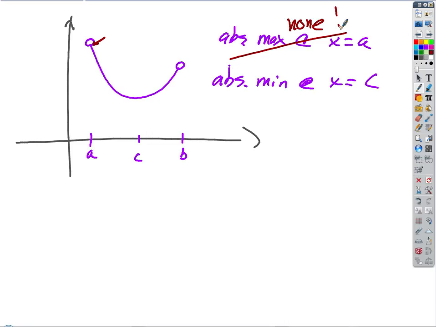Well, would there be an absolute minimum in this case? Yeah, it's still at the bottom, isn't it? Now, how could I change it so there wouldn't be an absolute minimum? What if I did something like this? You get the idea, if I did something like that. Does that make sense?